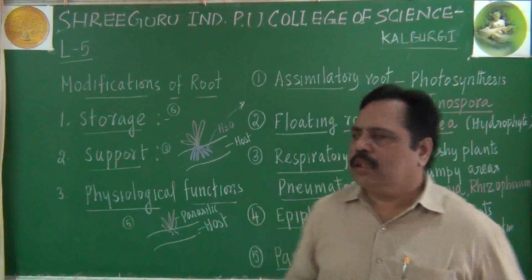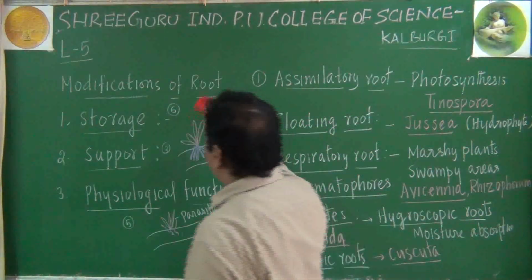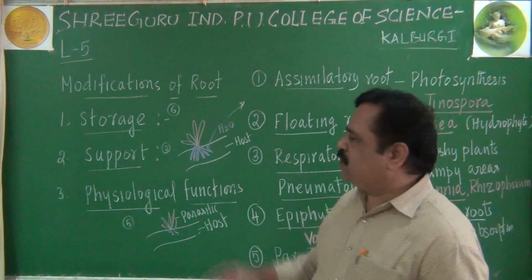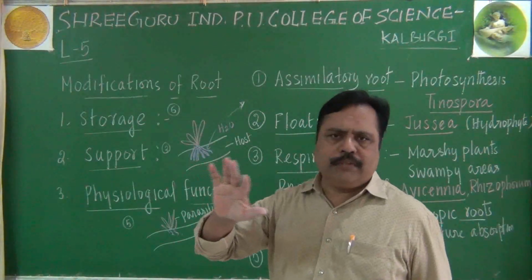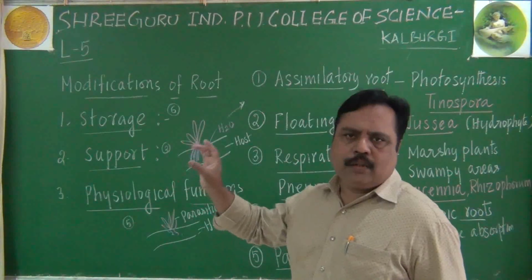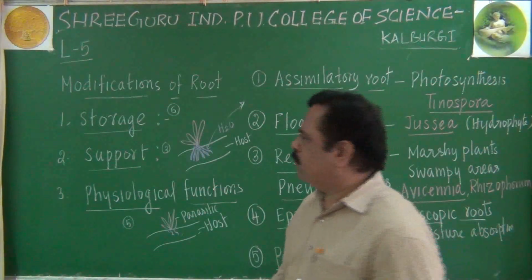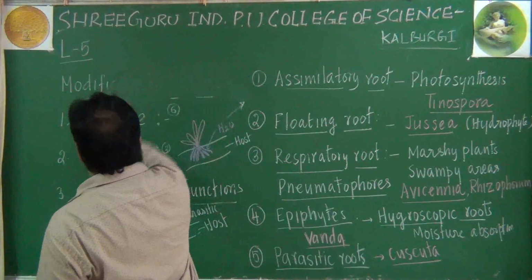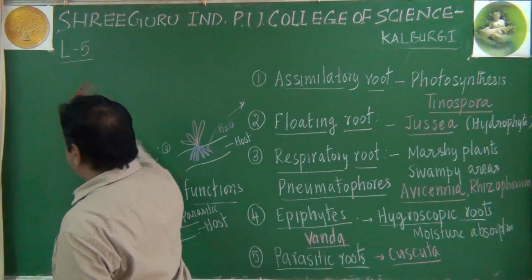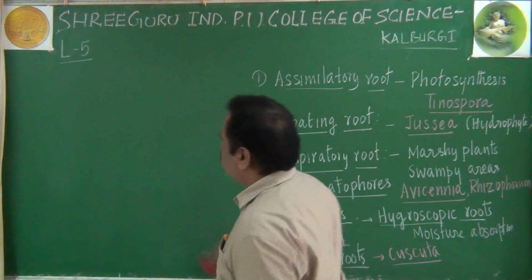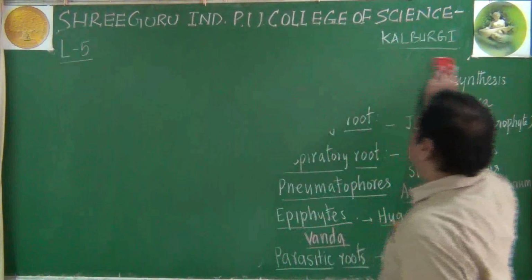Okay, students, let me give you the summary about modification of root so that we can complete the root system. Now we shall go to the stem here. So before going in detail about the stem, let me tell you the summary about modification of root.